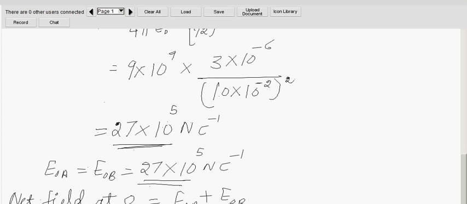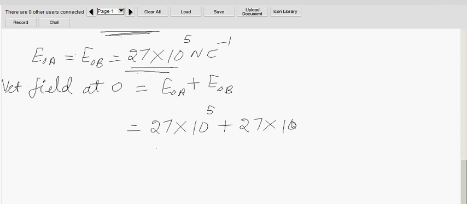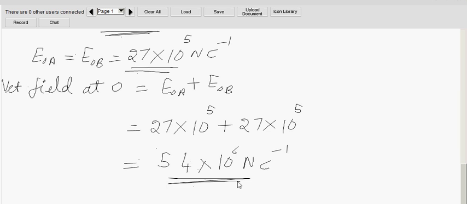Add them. 27 into 10 to the power 5 plus 27 into 10 to the power 5 is 54 into 10 to the power 5 Newton per Coulomb. And this is directed towards B.